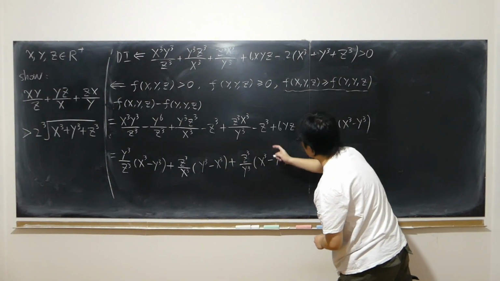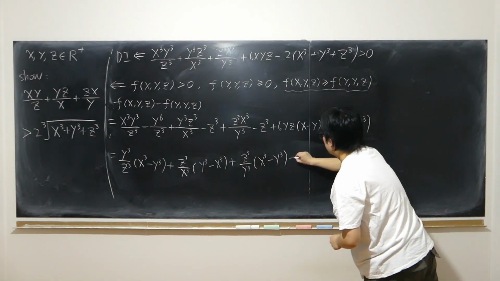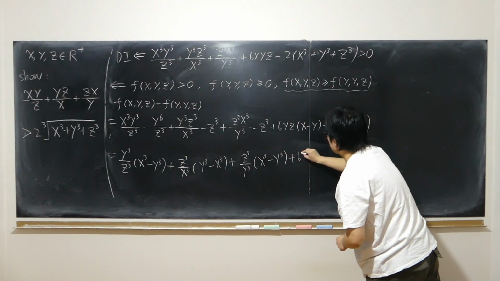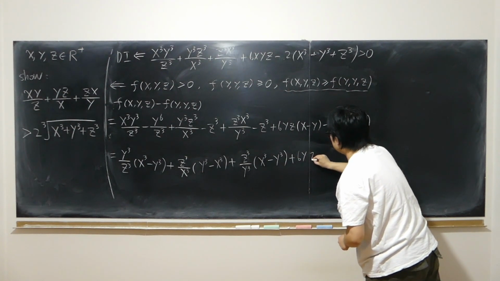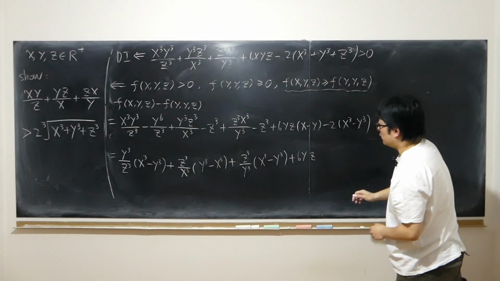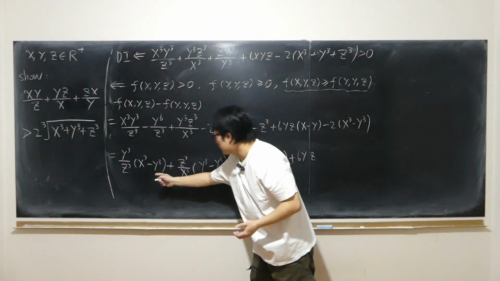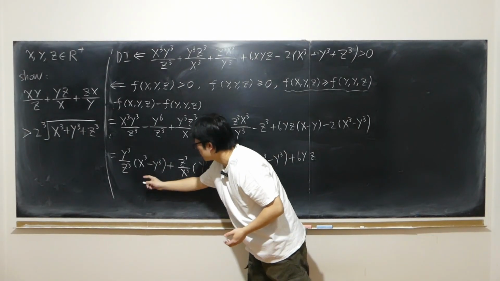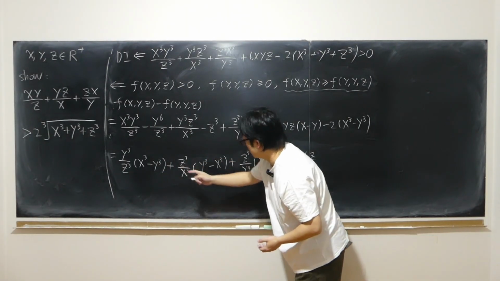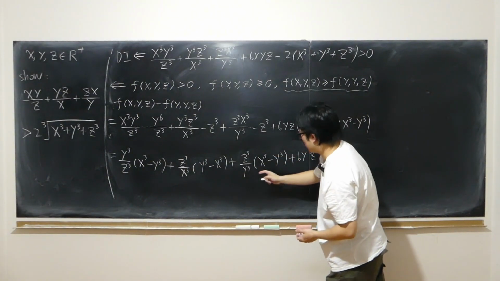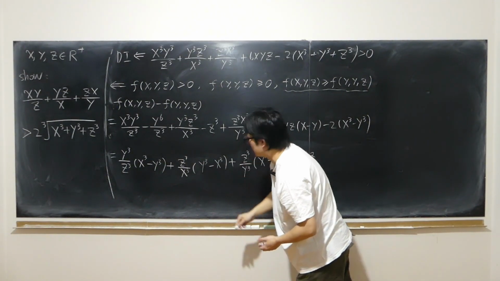This time that equals z cubed. This thing, 6yz. So here we don't have, right, the point is that I want to take advantage of this common factor, x cubed minus y cubed. Of course, here we have to change the sign later.